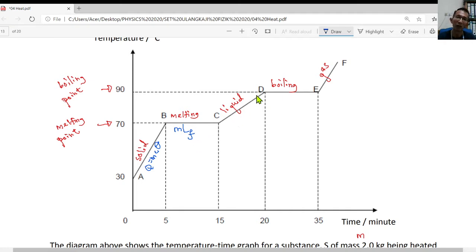Here we have temperature increase from 70 to 90. So again, here we are going to use mc theta. And then here no change in the temperature, so this one must be specific latent heat, in this case liquid to gas, so this must be vaporization. Can you follow? Try to understand it first.